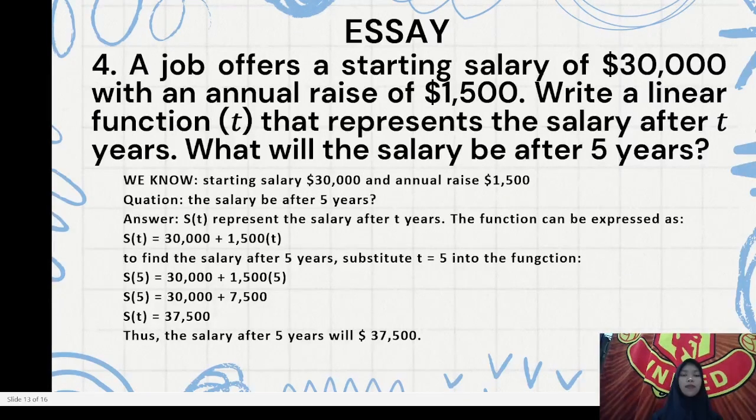Thus, the salary after 5 years is $27,500.